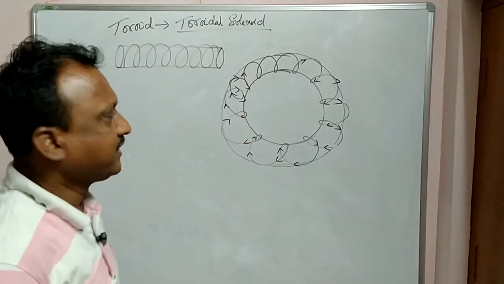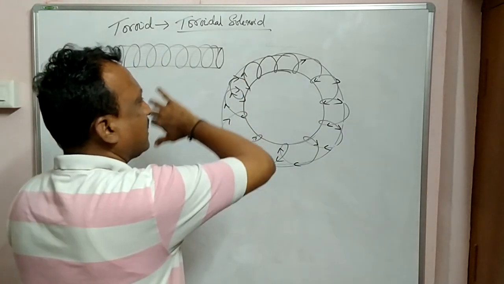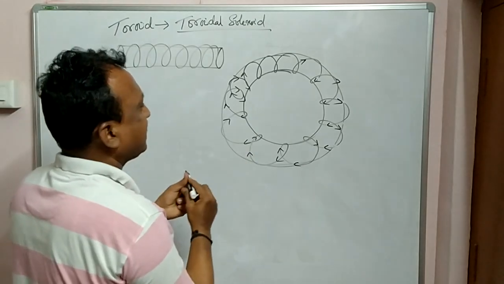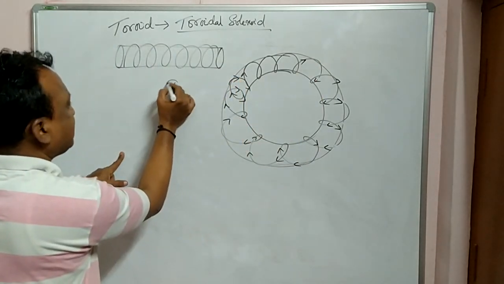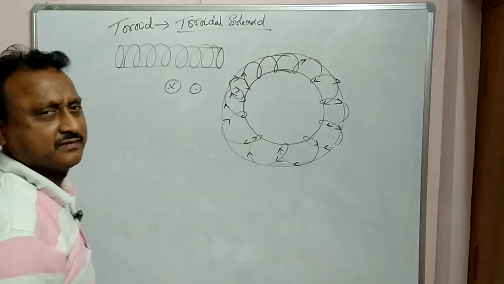As you know, the symbol for inside means this one, and for outside means this one.